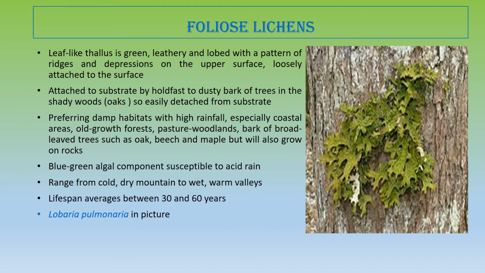And again, one problem is that blue-green algae are very susceptible to acid rain, that is, rain containing carbonic acid, sulfurous acid or nitric acid. So this type of lichen won't be found in industrial areas, although they can grow in a wide range of temperature conditions, and these types of lichen also have great lifespans.